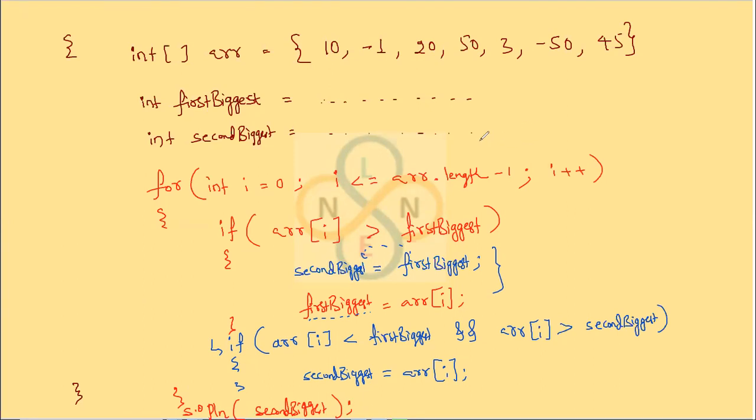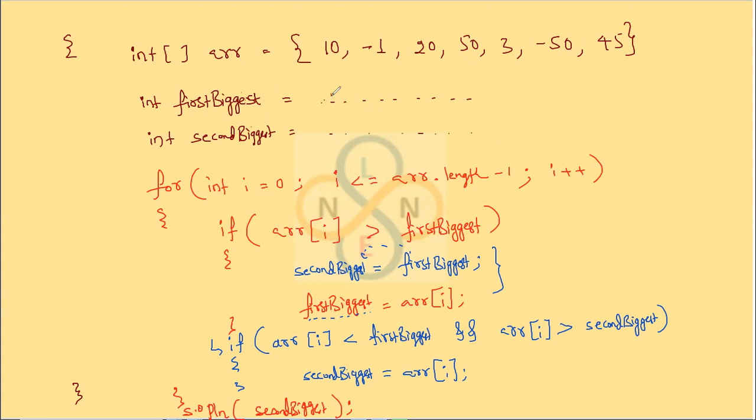I hope you understood. Let us also execute this through the IDE. One more important point: what should we assign to first biggest and second biggest? Since it should work for both positive and negative elements of the array, we have to consider the lowest value of integer as a reference value for first biggest and also second biggest.